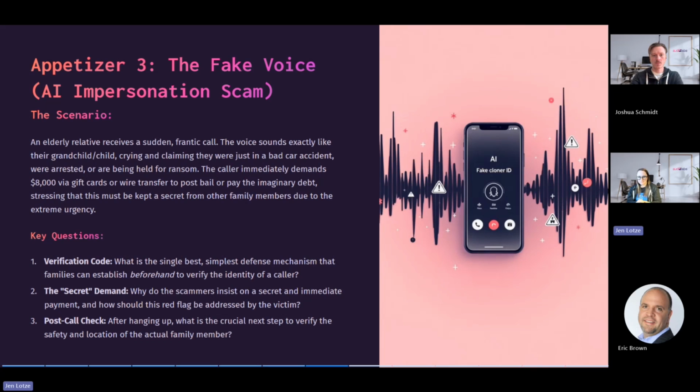So an elderly relative receives a sudden frantic call. The voice sounds exactly like their grandchild or child, crying and claiming they were just in a bad car accident, were arrested, or being held for ransom. The caller immediately demands $8,000 via gift cards or a wire transfer to post bail or pay the imaginary debt, stressing that this must be kept a secret from the other family members due to the extreme urgency.